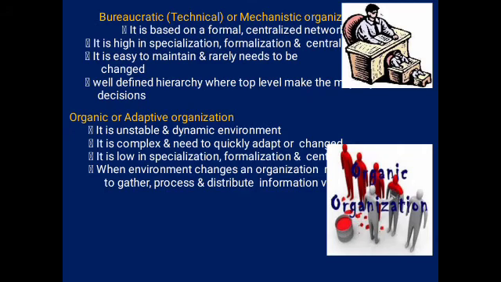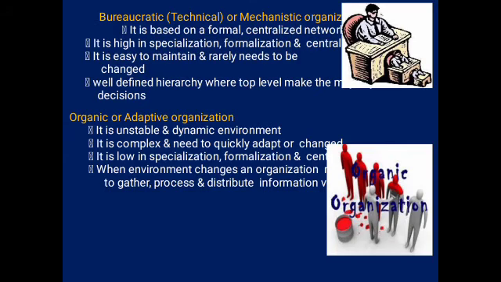Next, the organic or adaptive organization. It is an unstable and dynamic environment. Here there is no hierarchy followed. So whenever a laborer has an idea, he can approach the CEO, or he has some freedom to express his feelings.